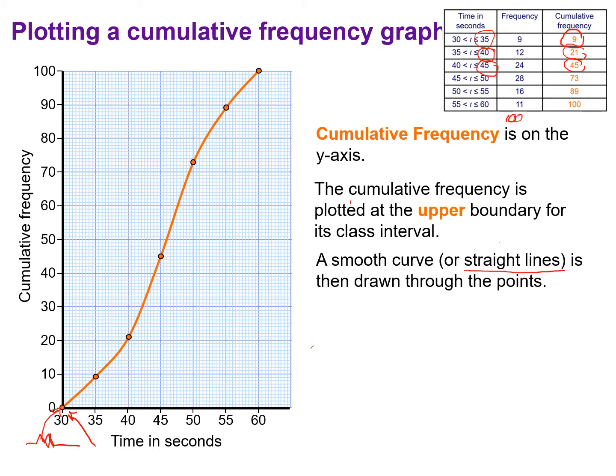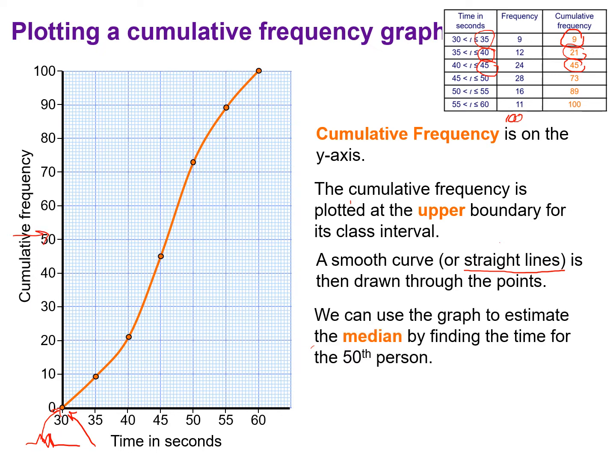So the middle value is going to be the 50th one. Now these are already in order because they're grouped in the intervals which are in order. So if I want to find the 50th one, what I can do is find where 50 is on my cumulative frequency axis here, and I can draw a line across, and a line down, and I can read my value off.